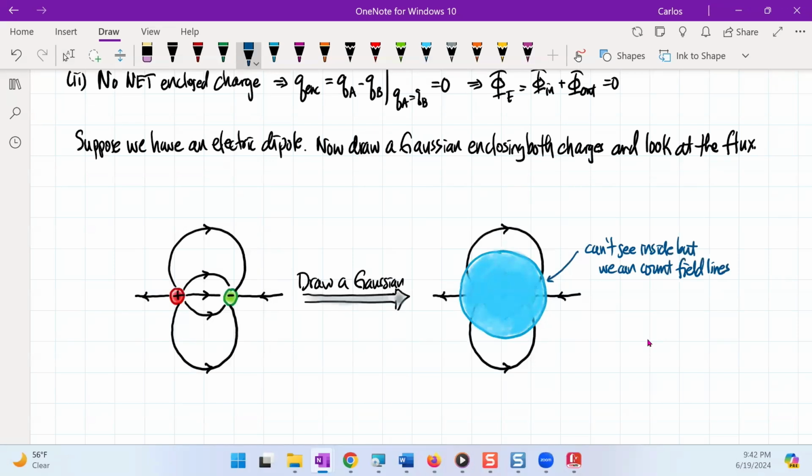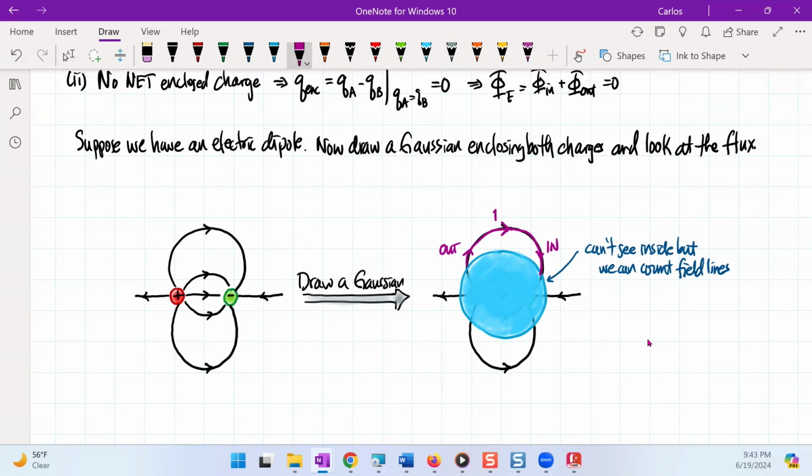So let's look at the top line. Note that I have a field that came out, and let's call this field line 1. And clearly here you're seeing that it's going out, and then right here, it's going back in.